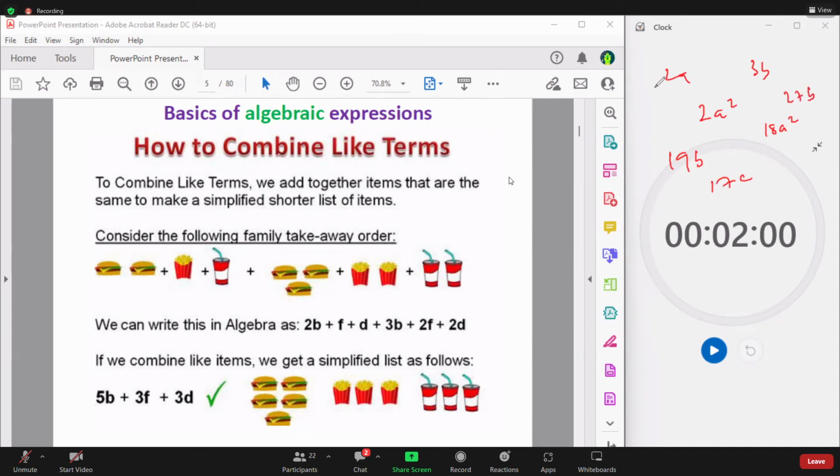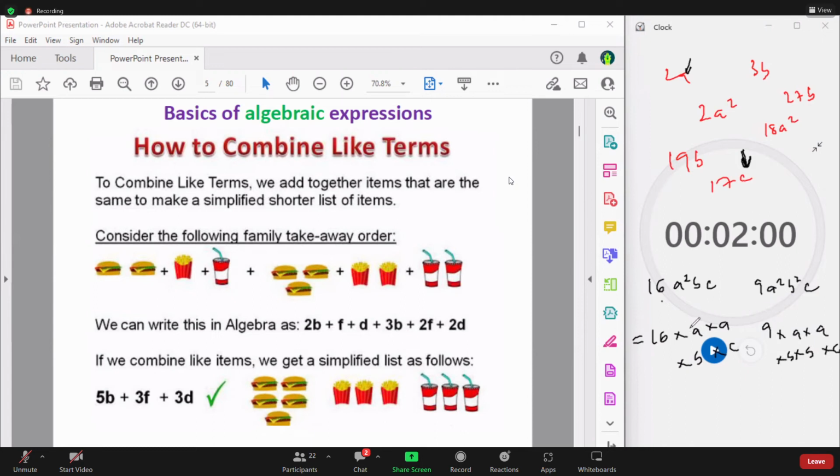Like terms are basically those terms where the variable factors of the term are similar to the other. So if, let's say, we talk about 16a square bc and 9a square b square c, this has factors 16 into a into a into b into c, and this has factors 9 into a into a into b into b into c.